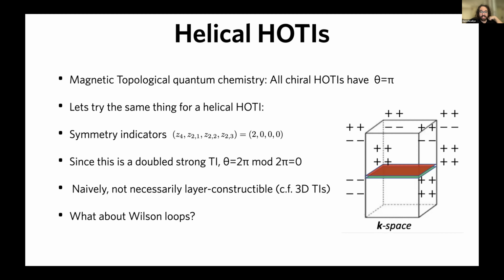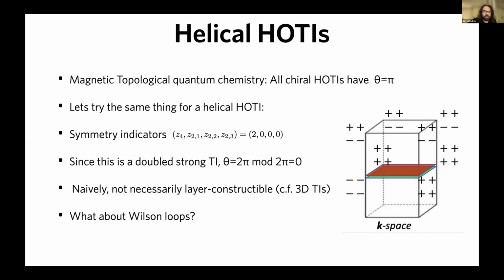So this has a symmetry indicator that tells us it's topologically non-trivial. And since we get it from doubling a 3D TI, it has theta equals 2 pi. But theta can be changed by 2 pi by a gauge transformation. So theta equals 2 pi is the same thing as theta equals 0. So there's no electromagnetic axion response for this helical halide.